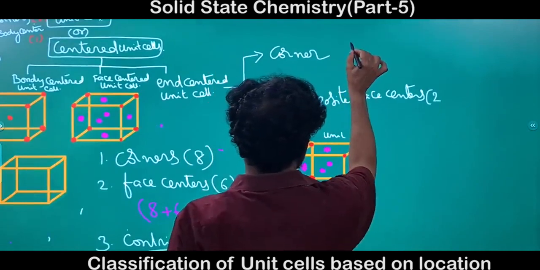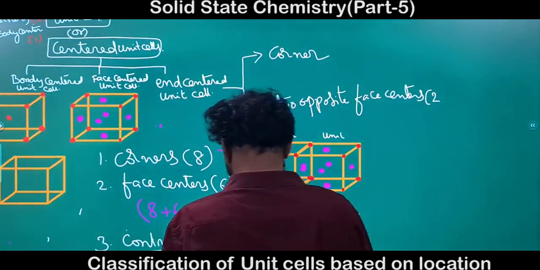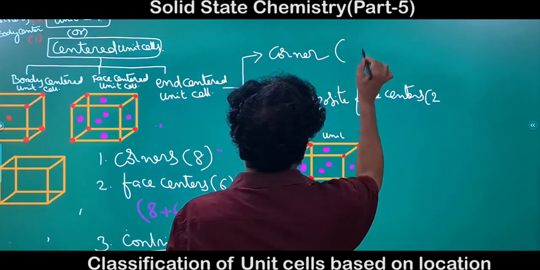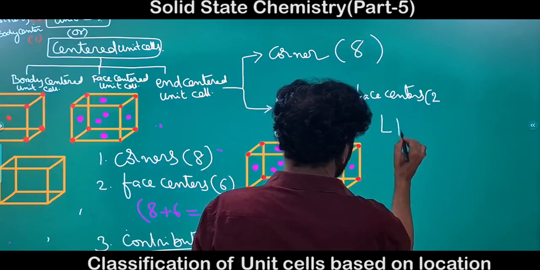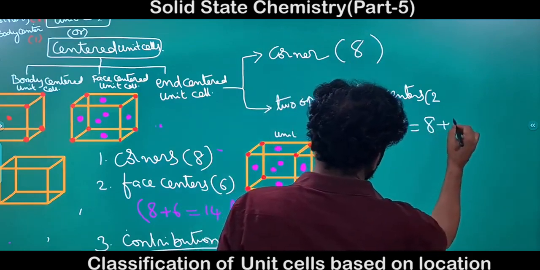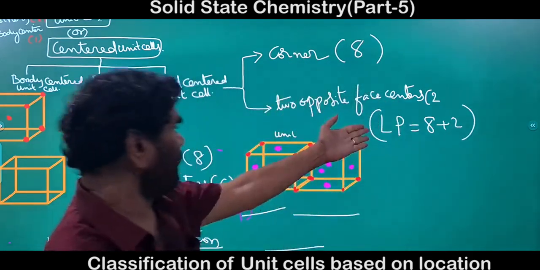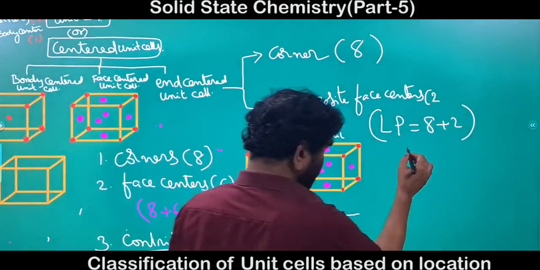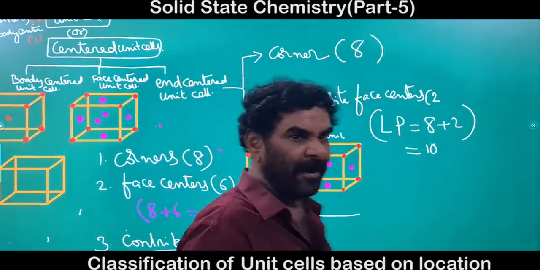At corners, 8 atoms are required. So the total number of lattice points is 8 plus 2, that is 10. Face centered has 14 lattice points.